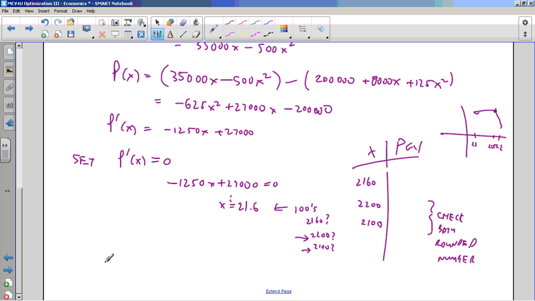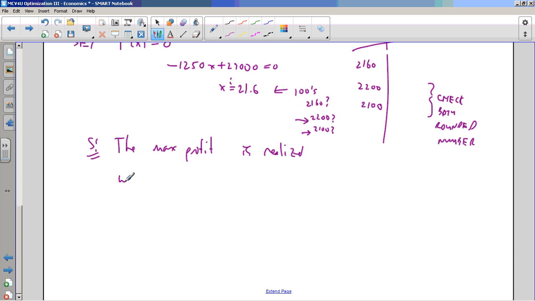So what would we say? I don't really care too much about that, but if we read the question carefully, we should take care. The maximum profit is realized when the company produces about 21.6 hundred, or 2,160 stoves.